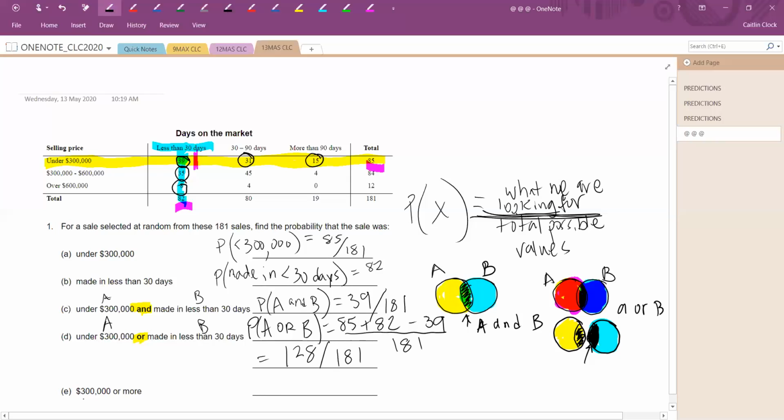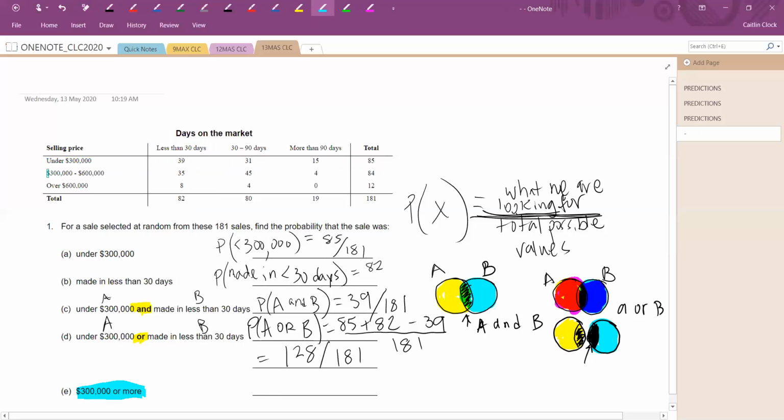And then what is the probability for this last one? That we get 300,000 or more. If we look back up here, 300,000 or more means, well, this row is under 300,000, so I don't have 300,000 or more.